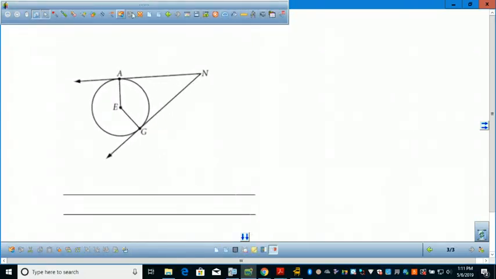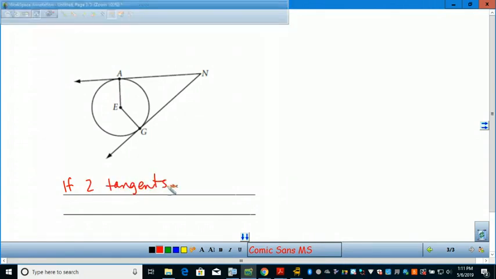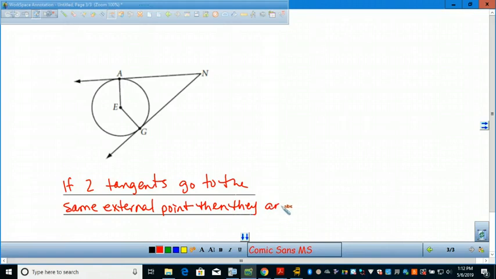Let's see if this works. Okay, the next one. If two tangents go to the same external point, then they are congruent.